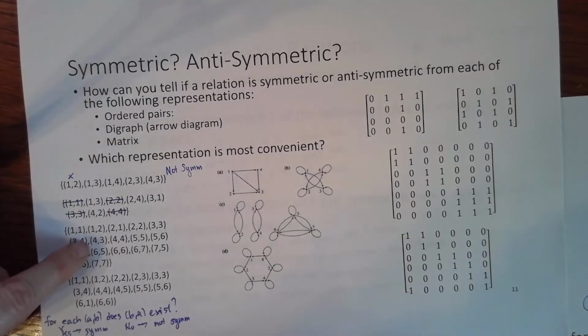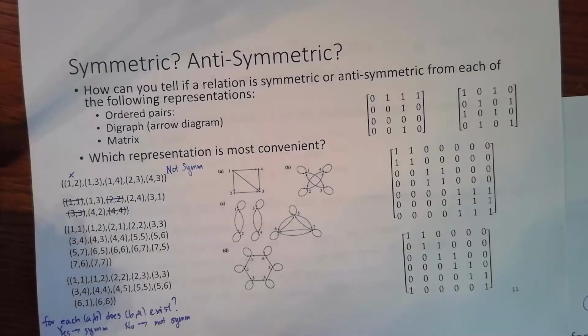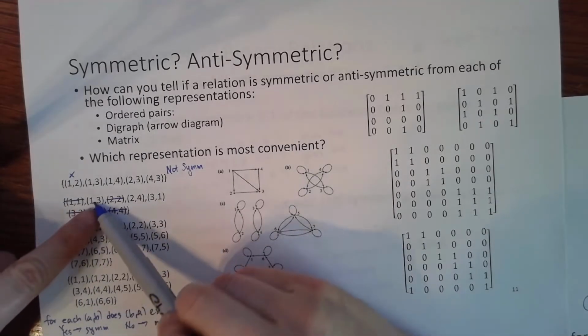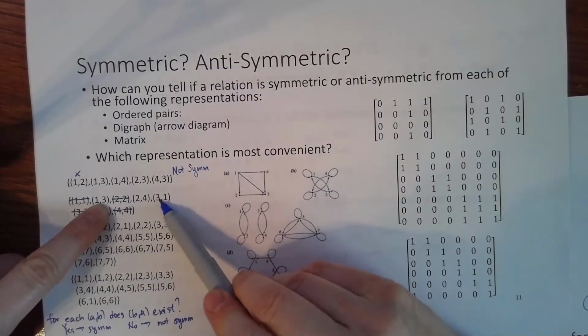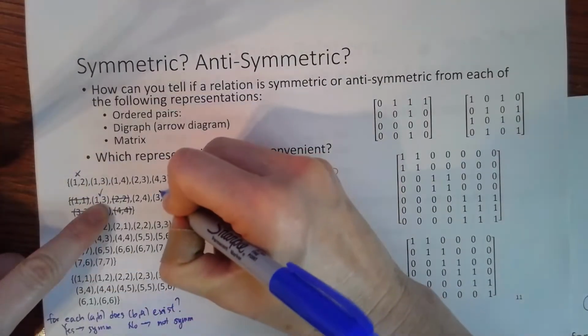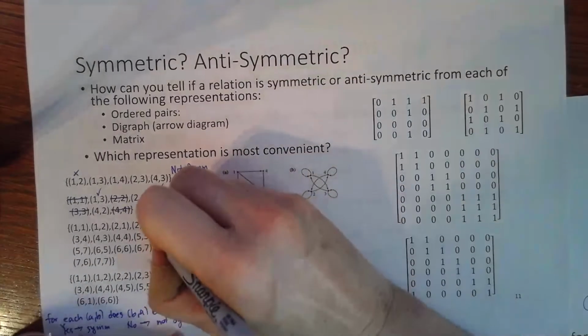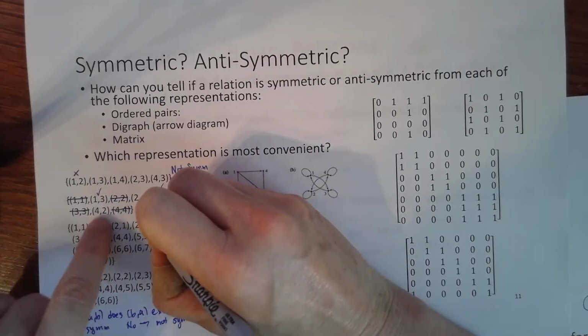We really only need to look at the ones where they're distinct for symmetric. Okay, and so 1 is related to 3, 3 is related to 1. Okay, so I have both of those. And then I just look at any other pairs that I haven't considered yet. 2 is related to 4. Do I have 4 is related to 2? Yes.